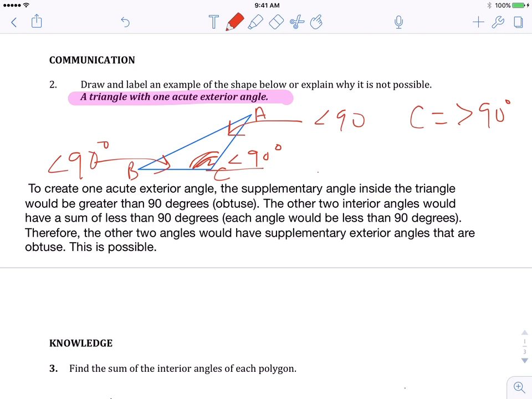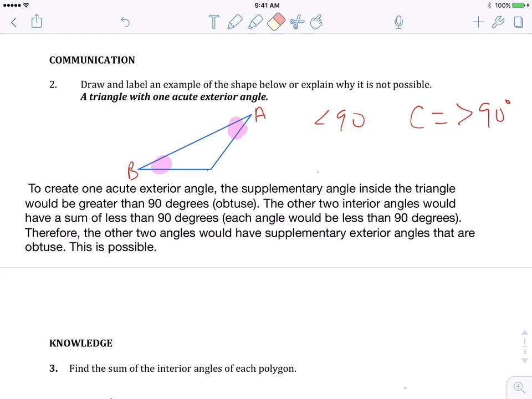And then that would leave us less than 90 degrees for the other two angles, for this angle here and this angle here. So the sum of those two angles is 90, but each one on its own has to be less than 90. So let's look at the exterior angle at A and B.